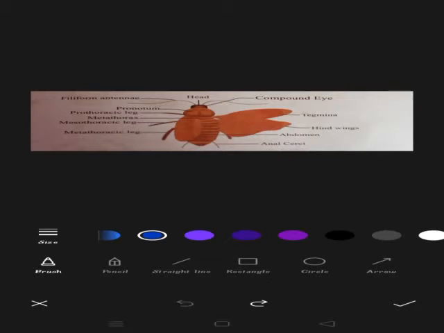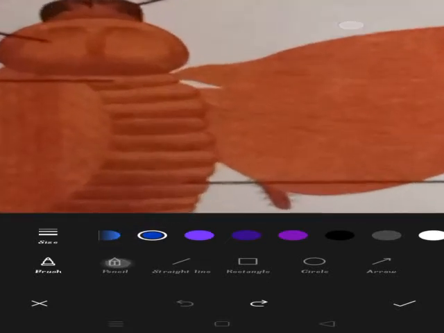The exoskeleton for each segment consists of a dorsal tergum and a ventral sternum. These plates are joined to each other with a thin layer.